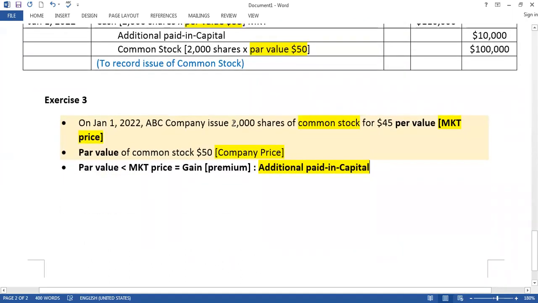Okay, you sell 2,000 shares, and for how much? For $45. So this is the market price. But we know that the par value of our common stock is $50.